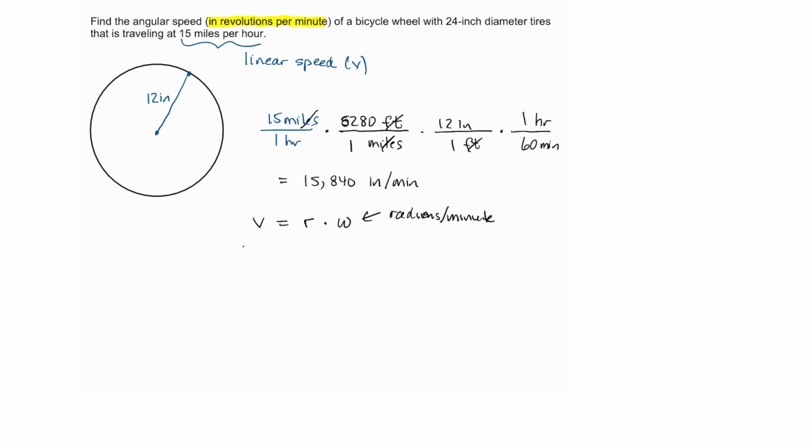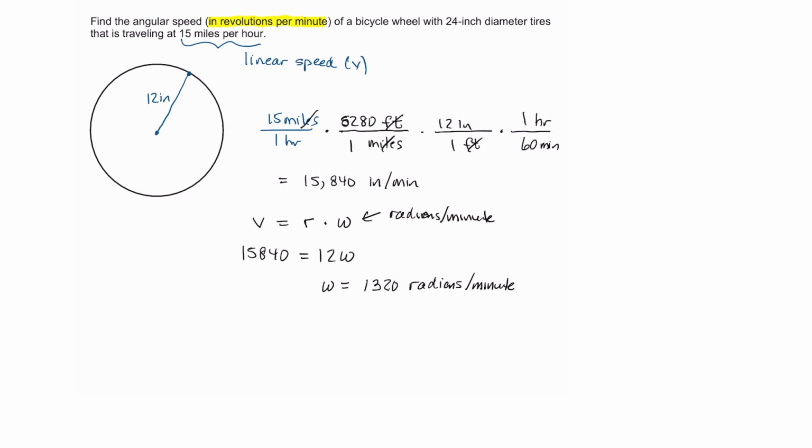We know the linear speed is 15,840. We know the radius is 12. So that means we can find omega. Omega is equal to 15,840 divided by 12, which is 1,320. Remember units, that's radians per minute.